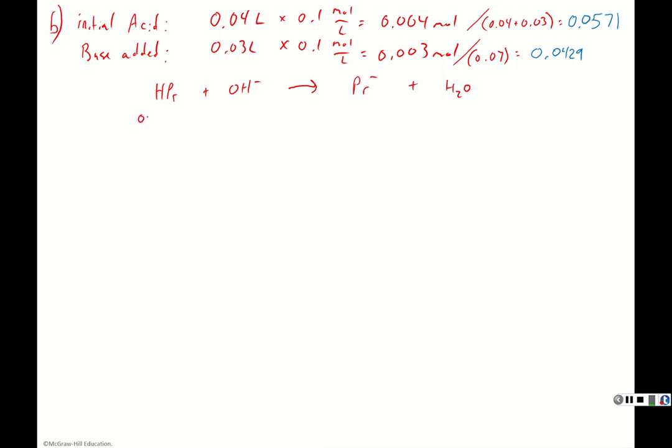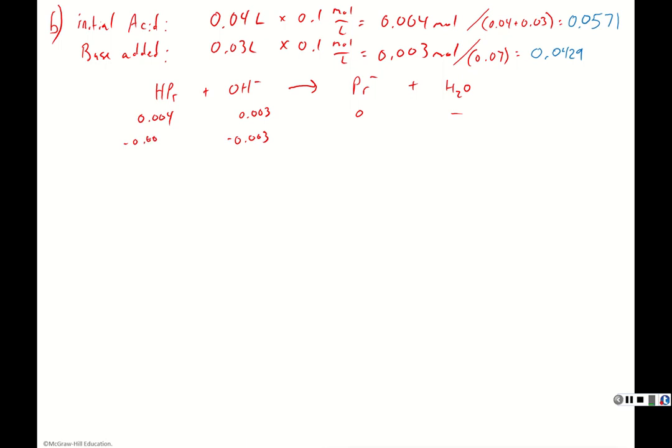So we started with 0.004 moles of acid. We're adding 0.003 moles of base. Don't have any conjugate base to start. Not concerned with water. Okay, so what happens? Well, you're going to react fully. The full amount of OH minus will be gone, so you're going to lose 0.003.